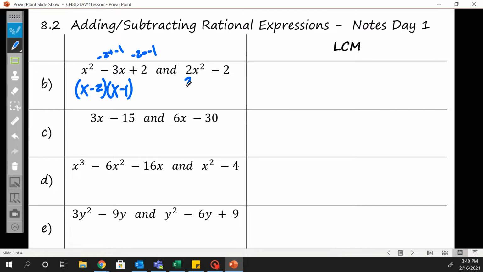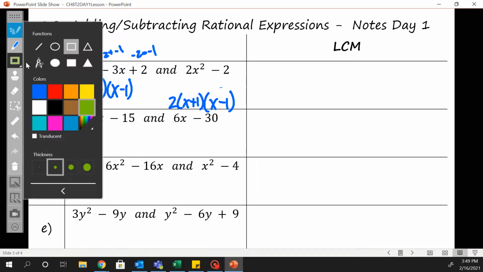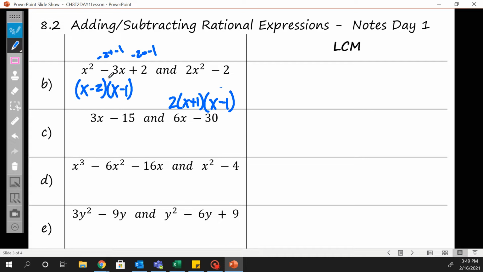Now for this one, we factor out a 2. And then we also factor a difference of 2 squares for x squared minus 1. So that's x plus 1, x minus 1. So here we got our two factored forms. So the LCM, first of all, we look for what do they have in common. That's going to be part of the LCM. So what they have in common is x minus 1.